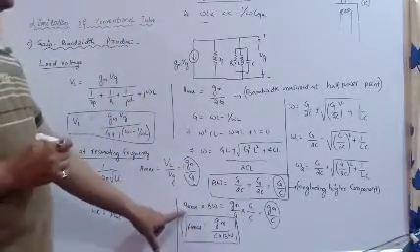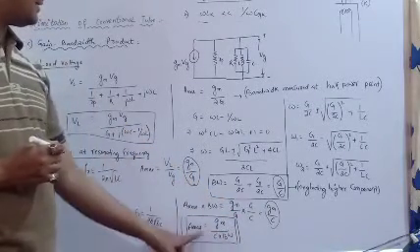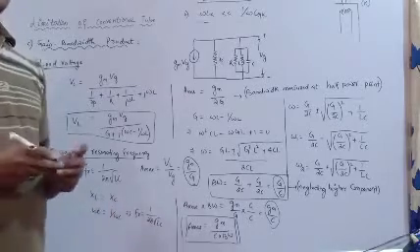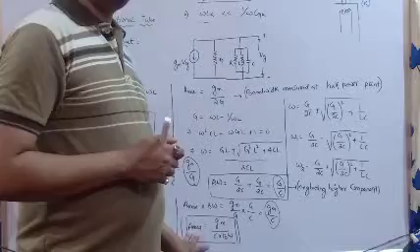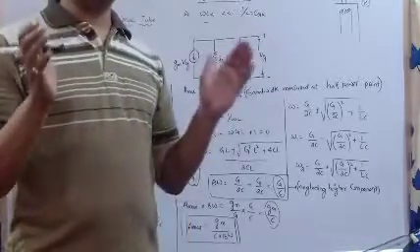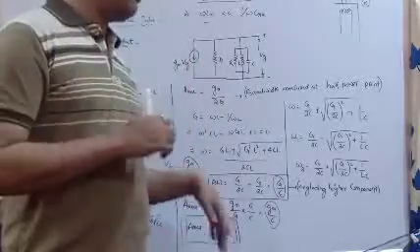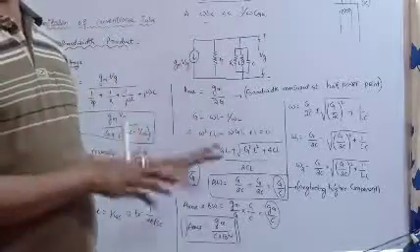So A max into bandwidth is Gm by C, or A max is equal to Gm divided by C into bandwidth. What does it indicate? It indicates that the maximum gain is inversely proportional to the bandwidth at which this triode is going to be operated. If your bandwidth is very high, your gain also deteriorates.